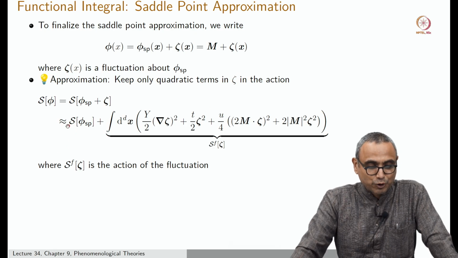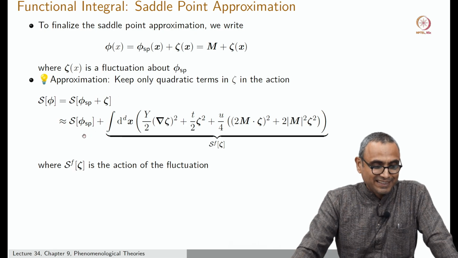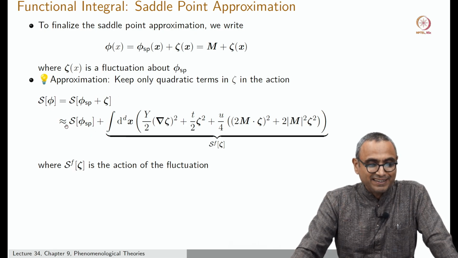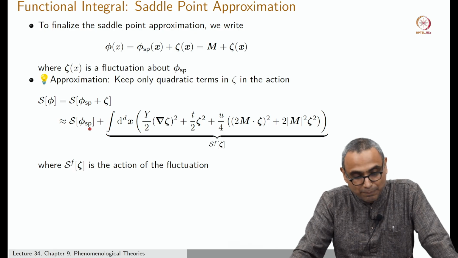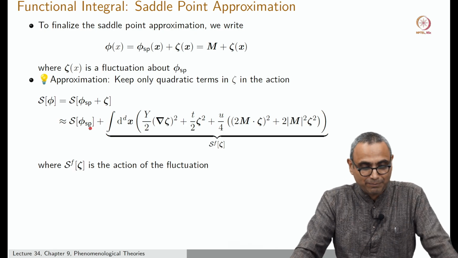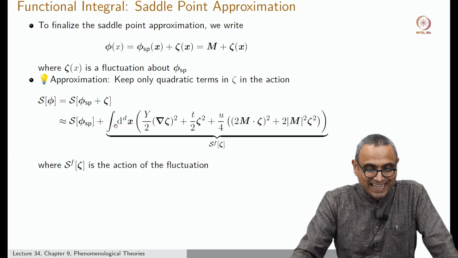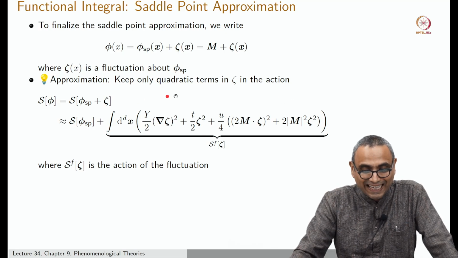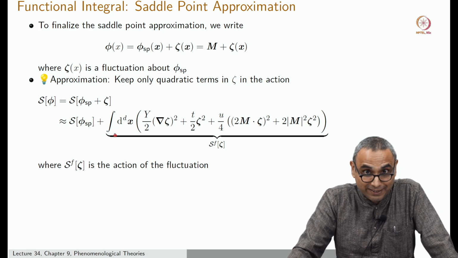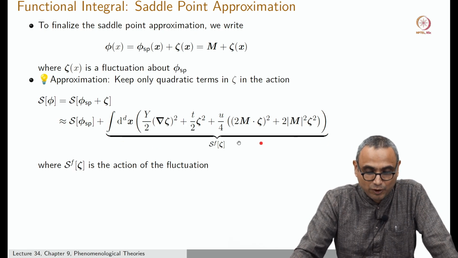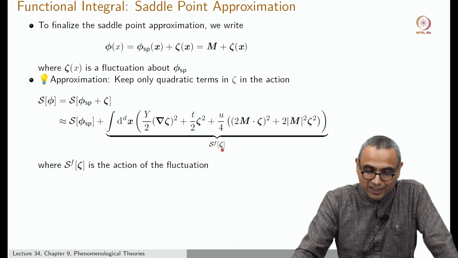So you will be able to show that up to quadratic order in zeta, the action S of phi is S of phi saddle point, whatever we have computed in the previous slide, plus an integral over space of a density now associated with the zeta field. This is what we call the fluctuation piece, the fluctuation functional of zeta. So what does it entail?